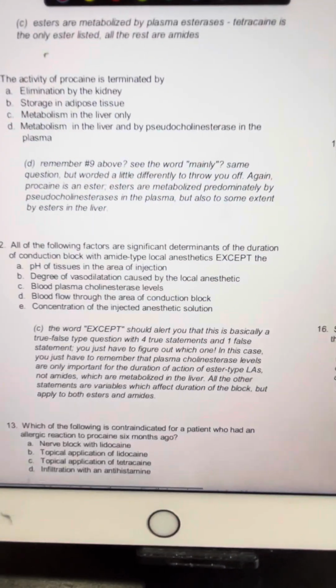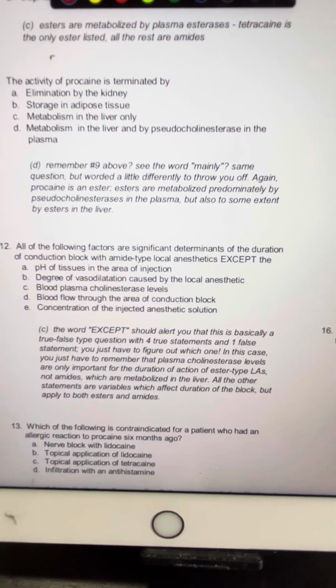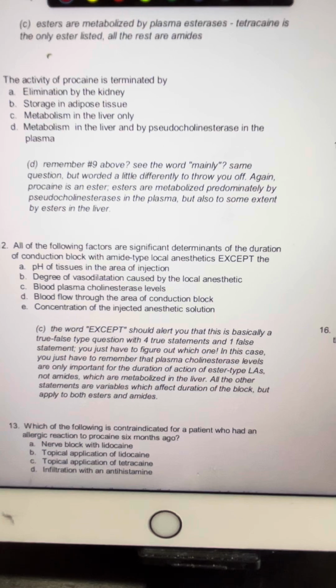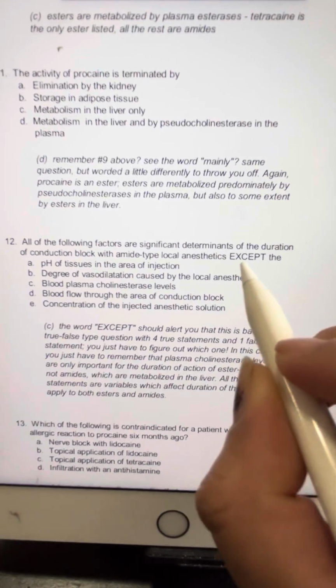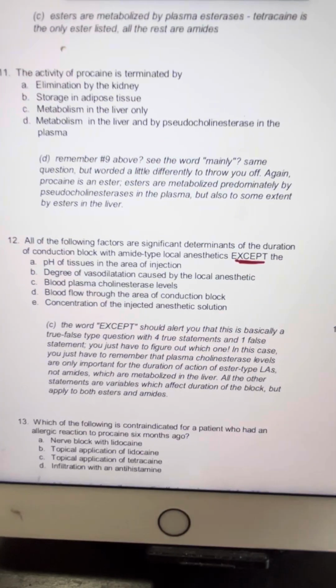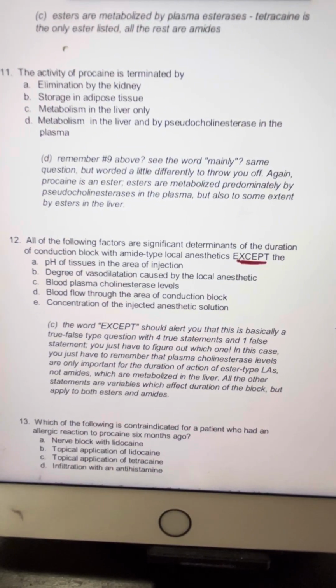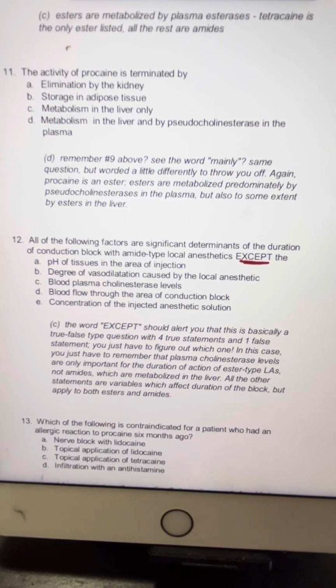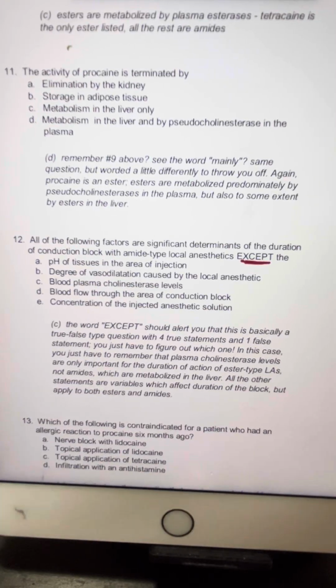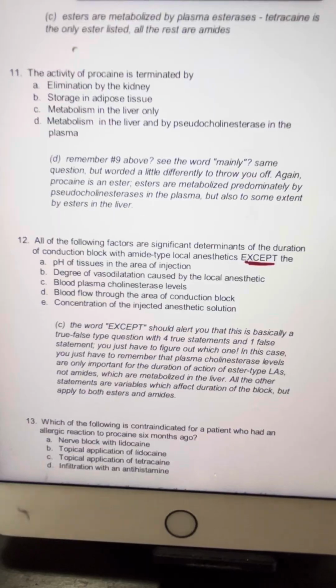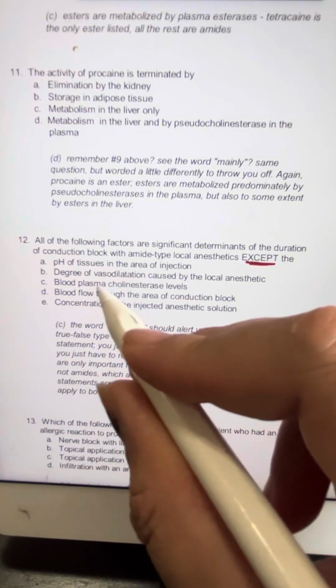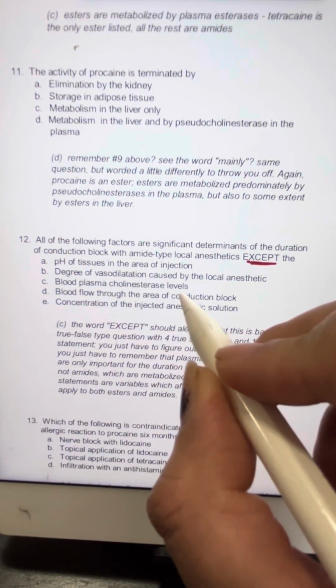And then we have, all the following factors determine the duration of action of conduction block with amide type local anesthesia, except. Whenever you see an except question, see that they are asking except, so consider the other options which are correct. For this one the answer is blood plasma cholinesterase levels.